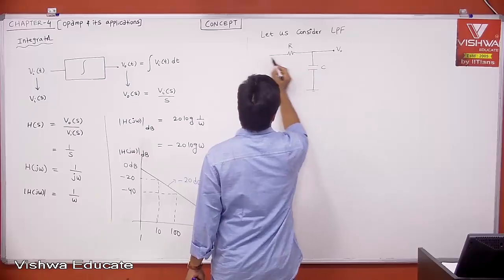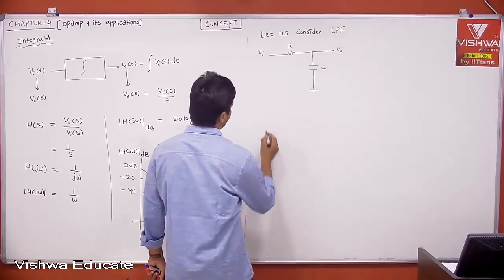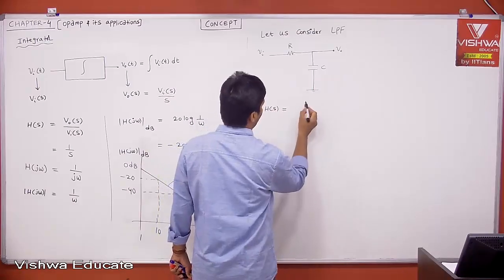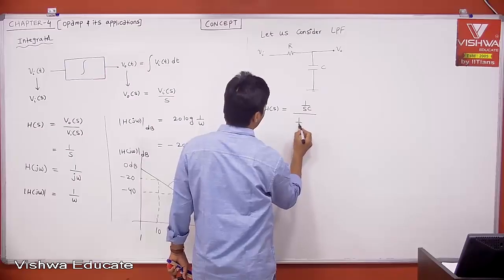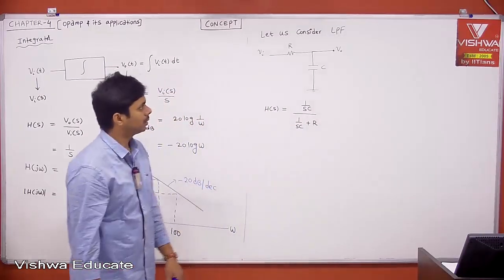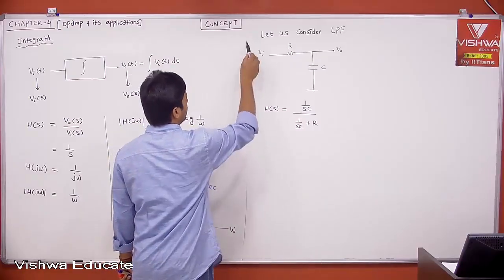This is your V0 and this is your Vi. What is the transfer function? H of S is equal to 1 by SC, voltage division network, divided by 1 by SC plus R.